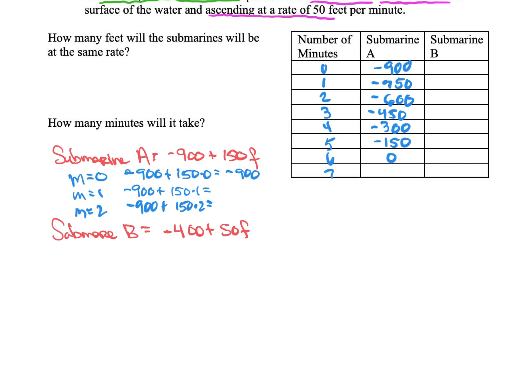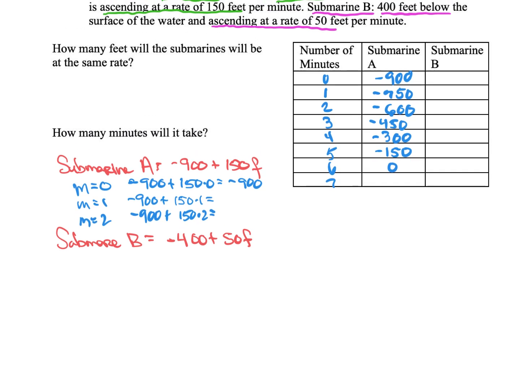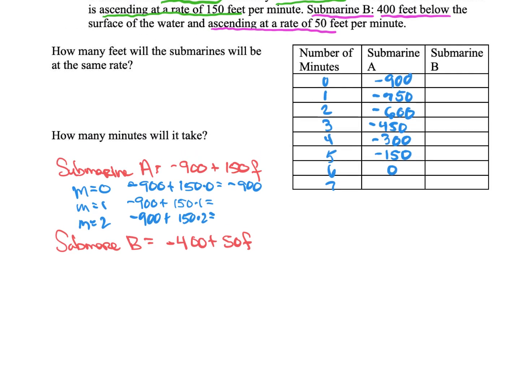All right, so let's move this up, and then let's look at submarine B, 400 feet, so minute 0, negative 400 plus 50 times 0, that's negative 400. All right, what about minute 1? Negative 400 plus 50 times 1.